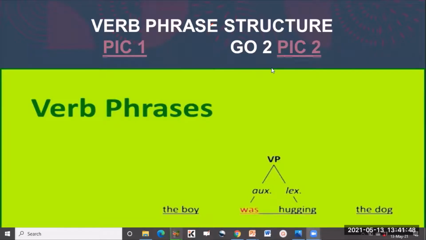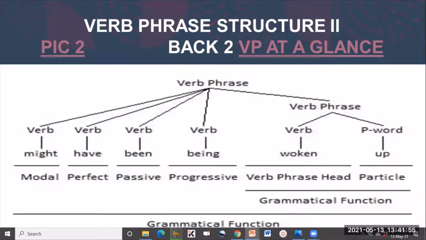Okay, so let's now go to picture 2. Here we have verb phrase structure 2. And here you can see that we have the verb phrase, then we have different combinations. We have four auxiliary verbs: auxiliary verb 1, auxiliary verb 2, auxiliary verb 3, and auxiliary verb 4.